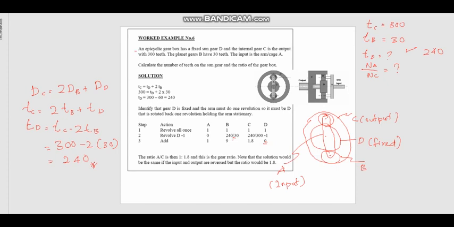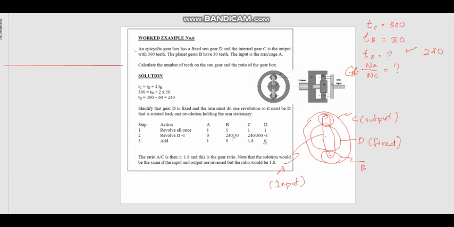Okay, to solve for the gear ratio, equal to NA over NC, basically we need to apply the gear ratio, make a table as we did earlier in the previous example. So let me just erase this. So I'm going to make a table.